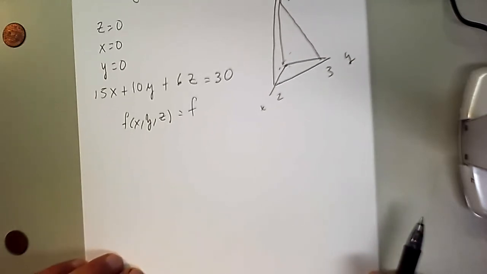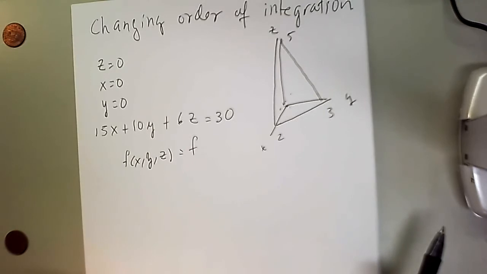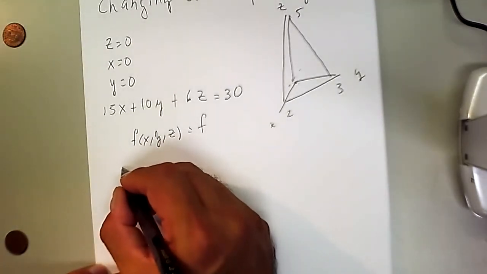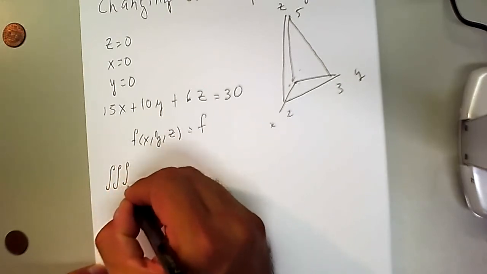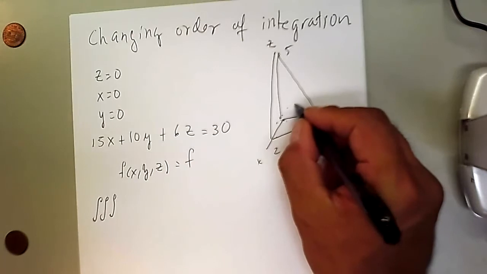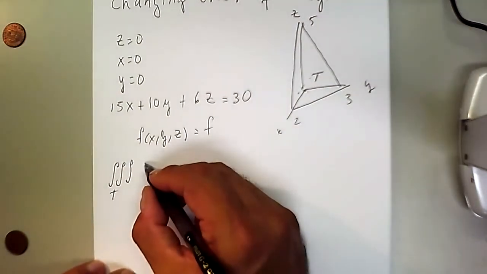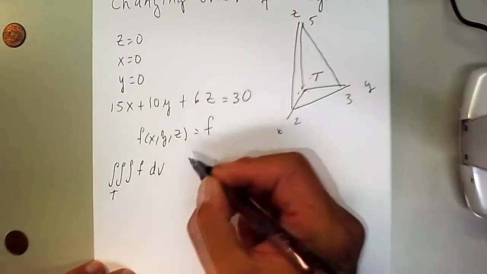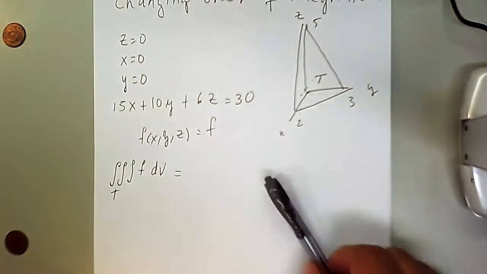So I'm going to focus now on how we set up integrals. We have one that we already worked on. The triple integral over this tetrahedron, let's call it big T for tetrahedron, of a generic function f with respect to the volume. This can be done in six different ways.